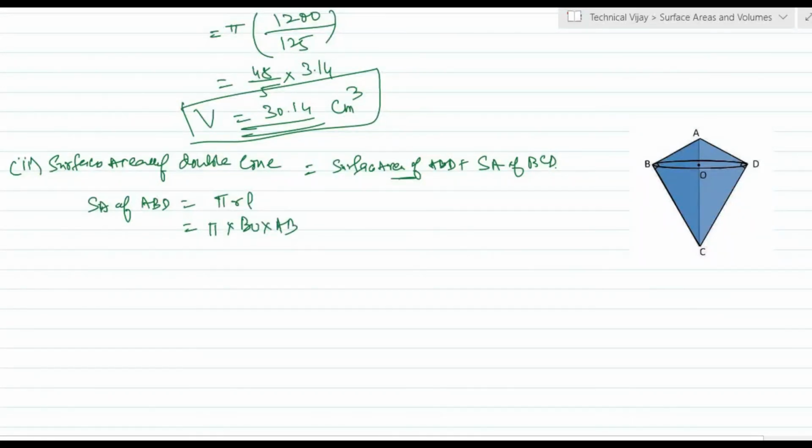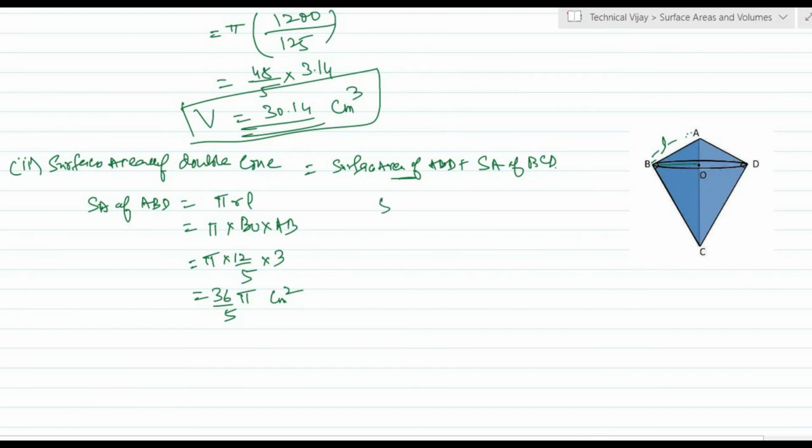R is the radius, that is BO. AB is the slant height. So now pi into BO, we got it, that is 12 by 5, and AB is equal to 3 centimeter. So 12 threes are 36 divided by 5. 36 by 5 into pi. This is surface area, that is centimeter square.